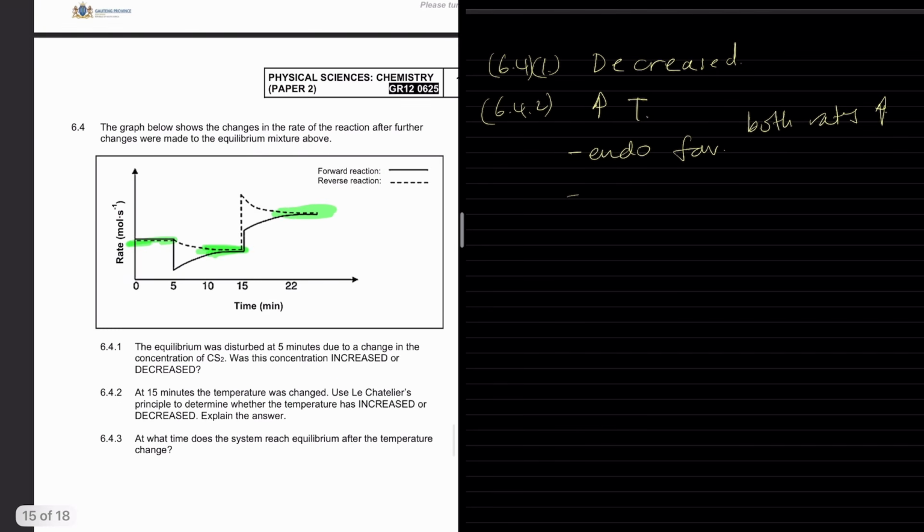So my reverse reaction is favored. That means the reverse reaction will increase more than the forward. And if you look at the dotted line, the reverse reaction is the dotted line, it is increasing much more than the forward.